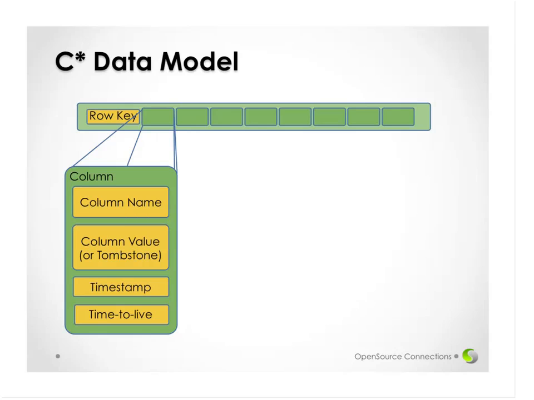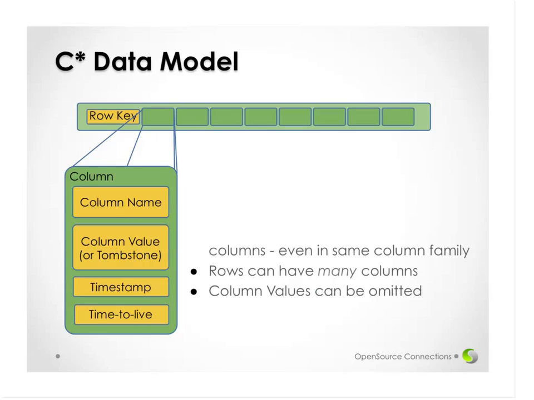Columns have timestamps to talk about when they were created, and kind of interesting in Cassandra as opposed to some of the other technologies, columns themselves can have time to live, so you can tell data to clean up after itself once the data is stale and you no longer need it.